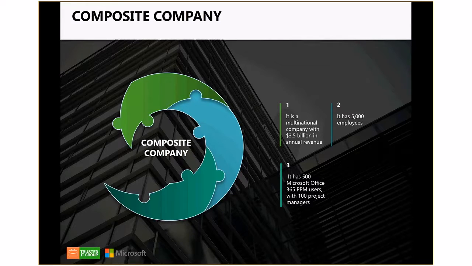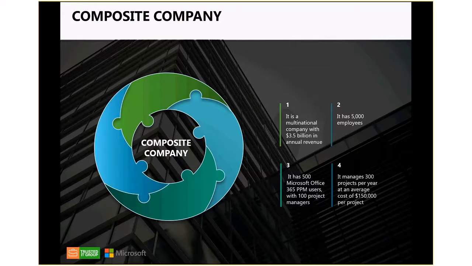Number 3, we're going to assume it has 500 Microsoft Office 365 PPM users with 100 project managers. Now, don't think too hard about what these numbers mean. I did all that for you. So I just want you to sit back and just watch. And number 4, it manages 300 projects per year at an average cost of $150,000 per project.